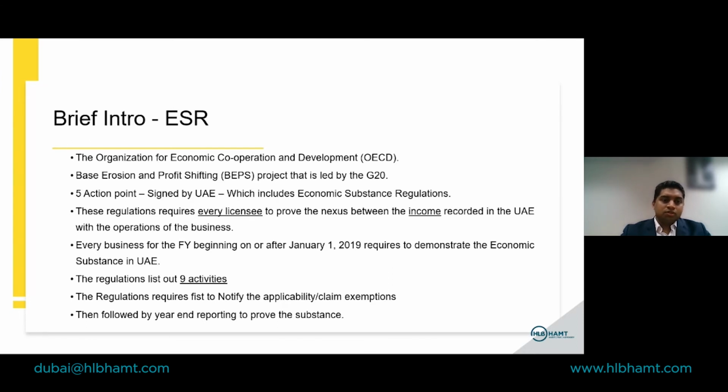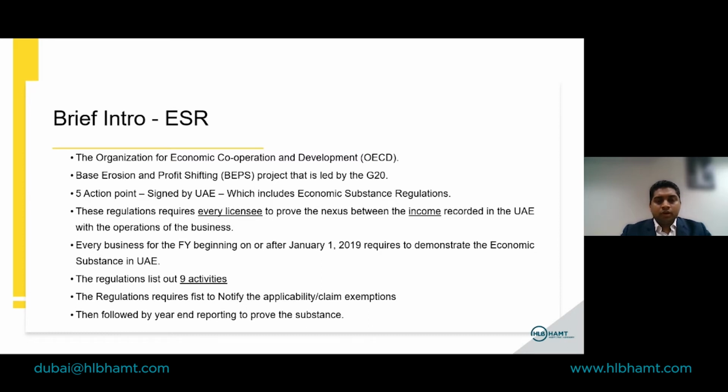These regulations require every licensee to prove that the income recorded in the UAE has substance, or that the income is derived from operations in the UAE. The regulation is effective from January 2019, and any financial year beginning on or after January 2019 requires compliance with the ESR regulation, demonstrating economic substance and showing the authority that whatever income is booked in the UAE is because of operations in the UAE. Otherwise, there are consequences, which we will brief at the end or later in this webinar.